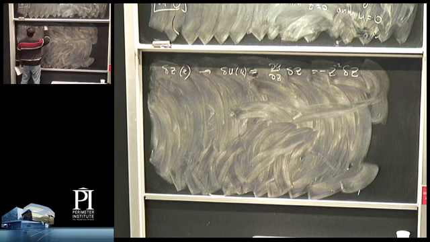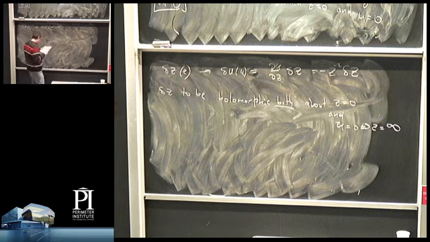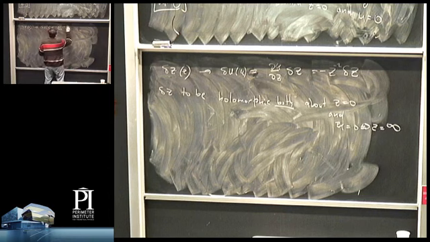So ∂_u is a function of u. Since it's a vector field, I know how it transforms: it's going to be ∂u/∂z ∂_z, which is equal to minus z to the minus 2 ∂_z.